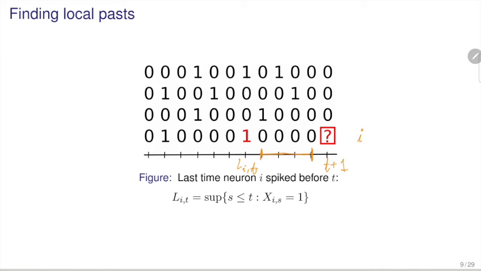And as we saw in the definition of the model, the probability that neuron i spikes at time t+1 given the past depends on the past x through the configuration x_j(s) with j in the set {1,...,d} minus {i} and s from time L_i(t)+1 up to time t, and this configuration here is what we call the local past.